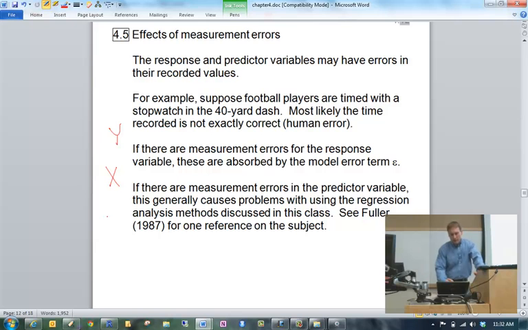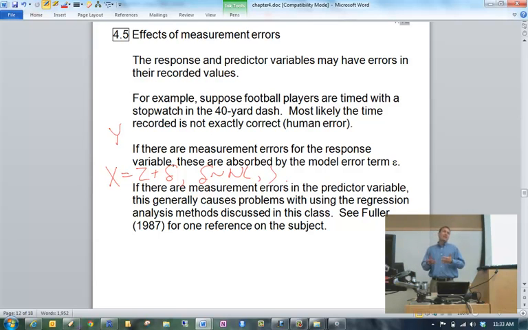Basically what happens is that you assume something like this. You let X now be a function of, let's say, the true value, let's call it Z for lack of another letter, plus a random error term, which has maybe a normal distribution, or you could actually work with other distributions as well.